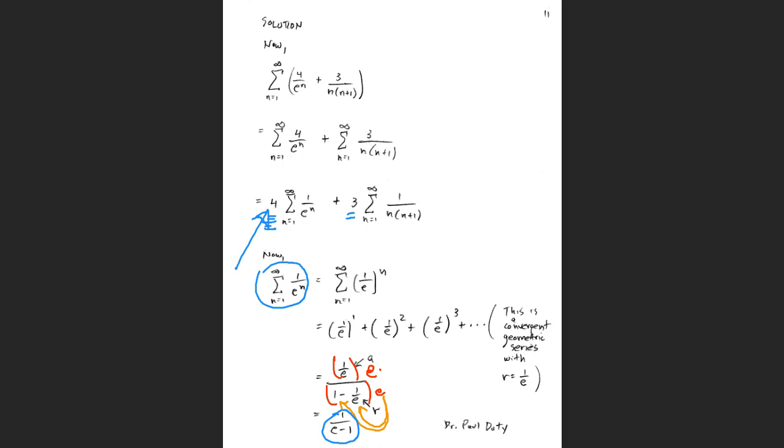All right, well now the next series we have to deal with is this series here. The series where n goes from 1 to infinity of 1 divided by n times n plus 1. And this is a special series that the book calls a telescoping series.